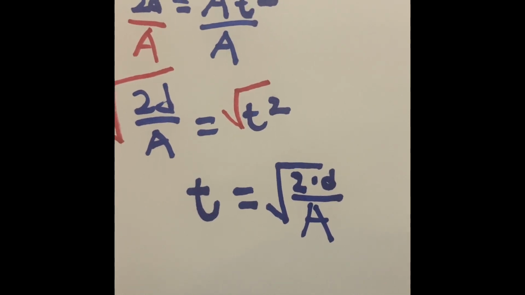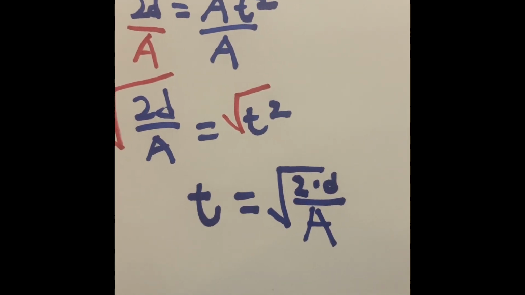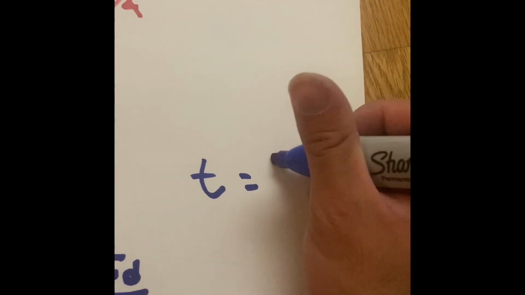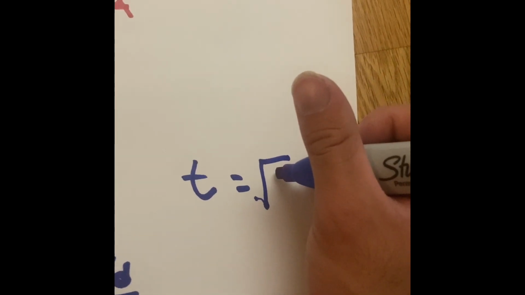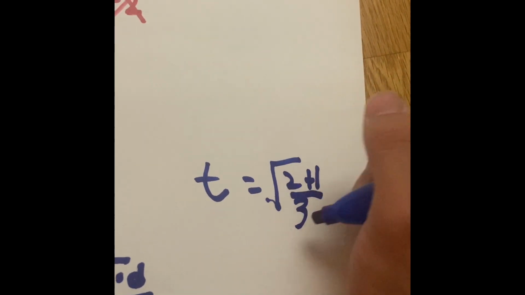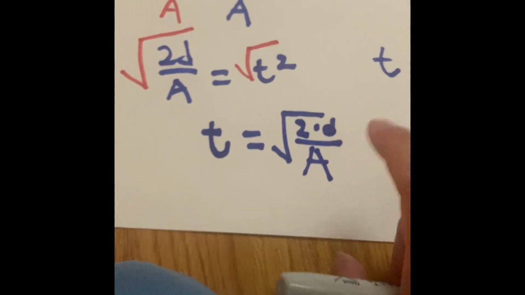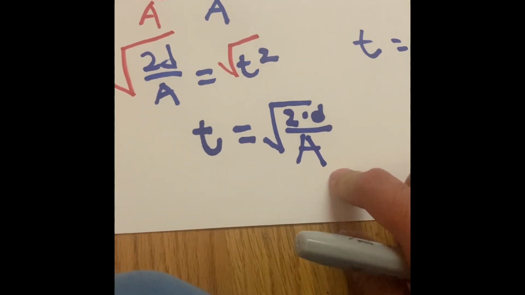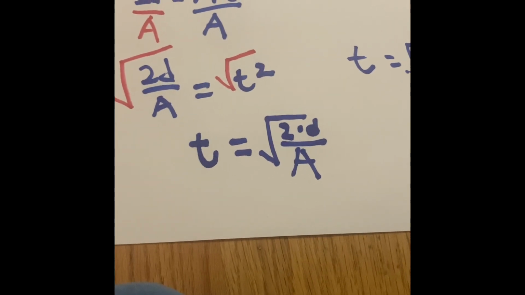In more college terms or more standard versions, you'll see t equals the square root of 2 times h, divided by g. But technically, they're the same thing. Right here, this one is a lot simpler because it explains the mathematics behind it.